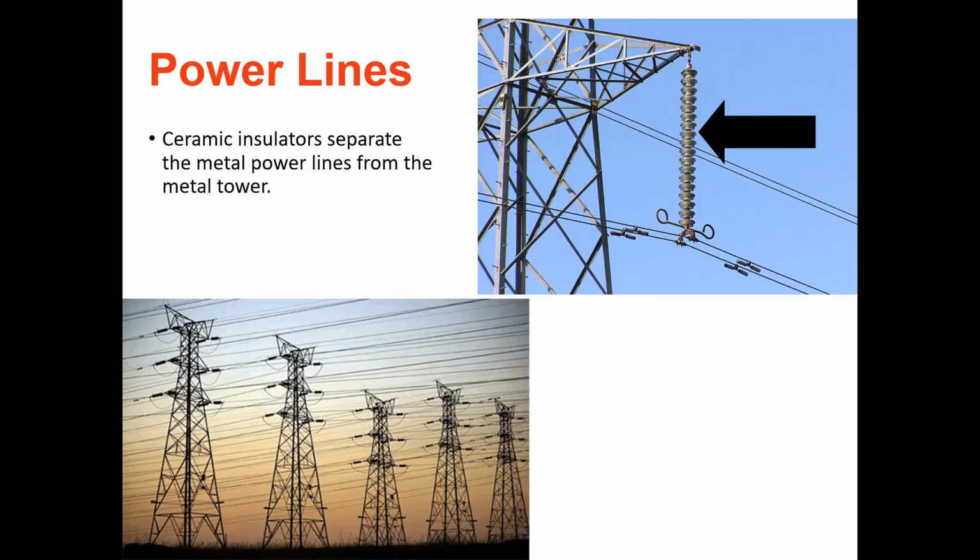So power lines, if you really look closely at a power line, I always thought that they were just big wires and nothing around them. But if you look really closely, you've got wires running, like here's the wire running, it attaches to this, and then it keeps going. It's not attached to this big tower.